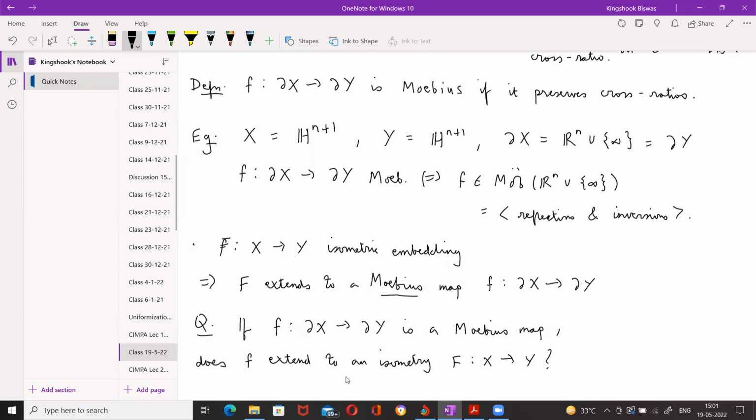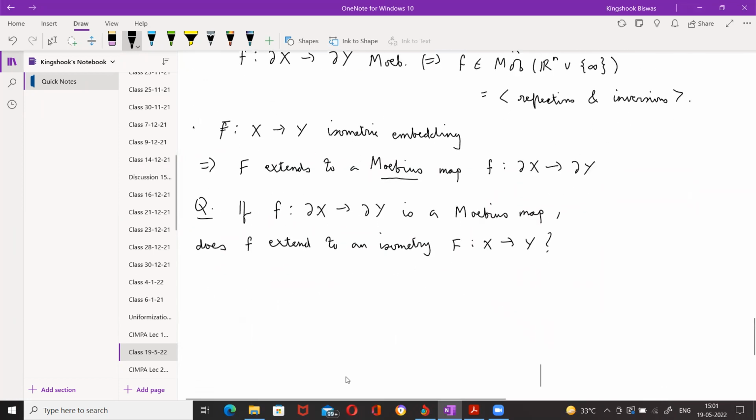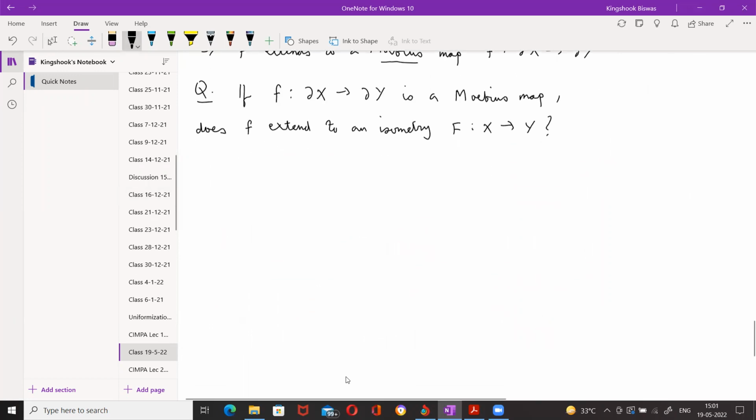Okay. Fine. And we can give an example of this where the answer is yes. So suppose X and Y are both equal to, say, H^(n+1). Here, n is greater than or equal to 1. So let me take the upper half space model, right?